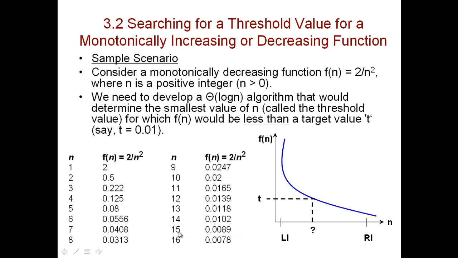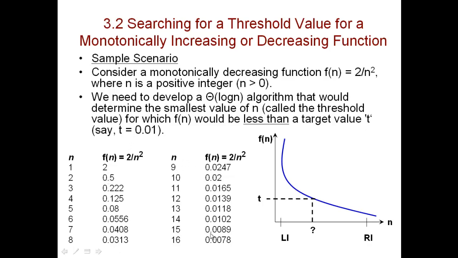You can see that starting from n equals 15, the function value becomes less than 0.01. For 14, it was 0.0102, which is greater than 0.01. So 15 is the minimum value of n for which the function value is less than 0.01.